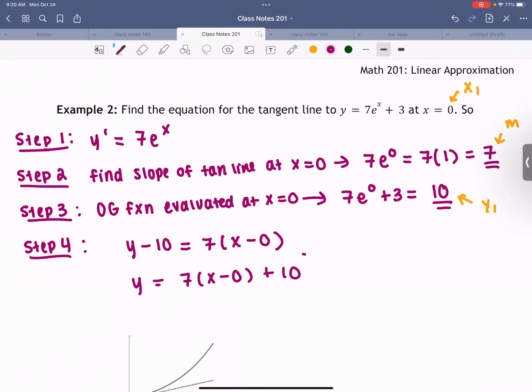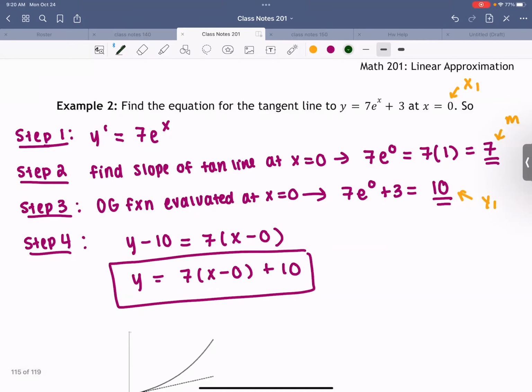So the slope of my tangent line is this. I know it looks weird, but just bear with me. Going through this again, 7 was f prime at a, or 0. I have my x value, or 0, here, and I'm adding on f of 0. I know it sounds weird why I'm saying that, but I promise I have a point.